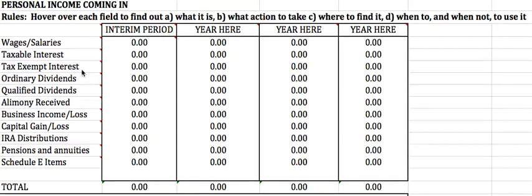Tax exempt would be a municipal bond that that person is receiving monthly, and it's consistent on a year-to-year basis. Ordinary dividends are just from stock investments that they received. Qualified dividends will just have different tax ramifications on the way that they're taxed. So you will only really input these four categories at your discretion, based on the consistency of how often they're received, if it's an ongoing thing.